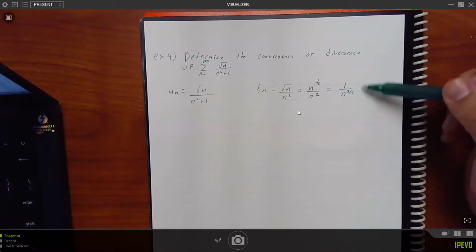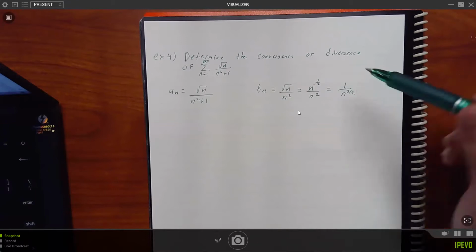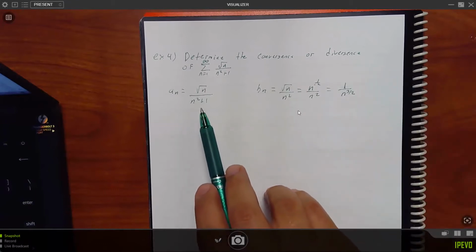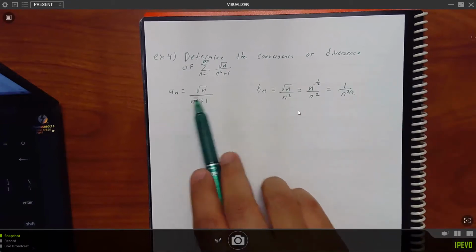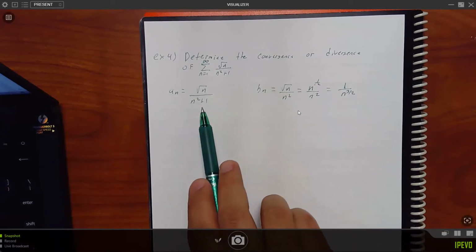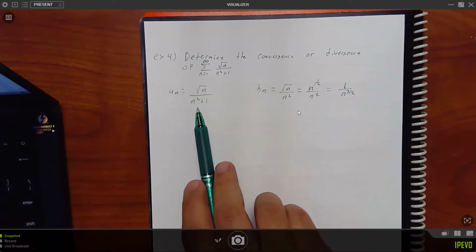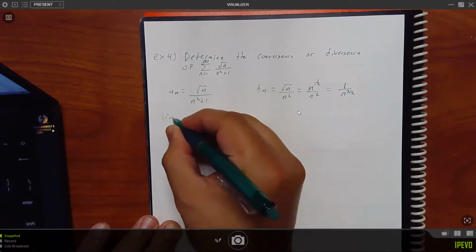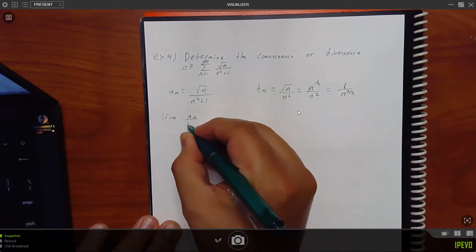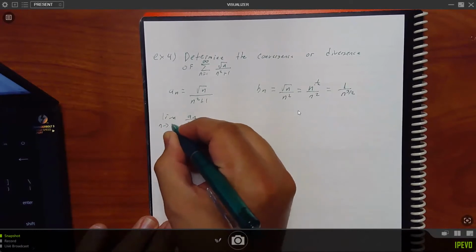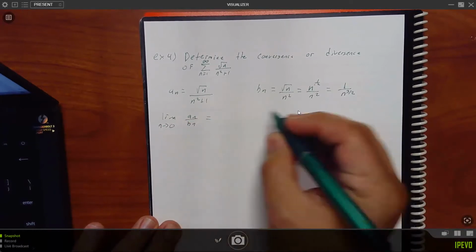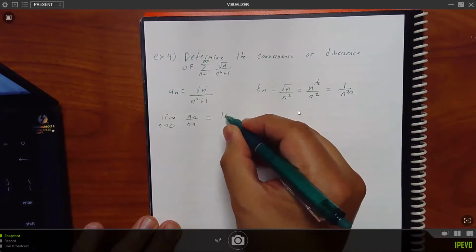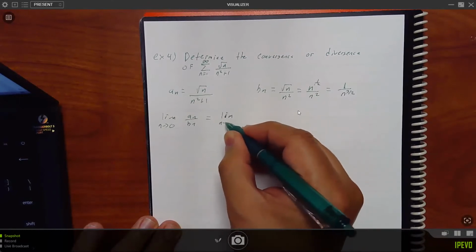This converges as a series. So if the limit is finite when I take the ratio, then that would mean this also converges. So let's go ahead and do that. The limit of a sub n over b sub n is equal to the limit as n approaches infinity.